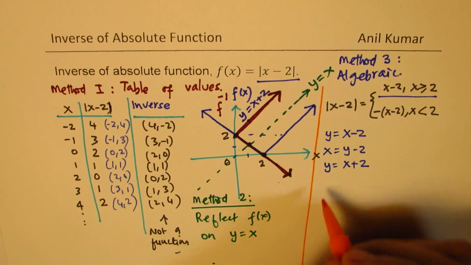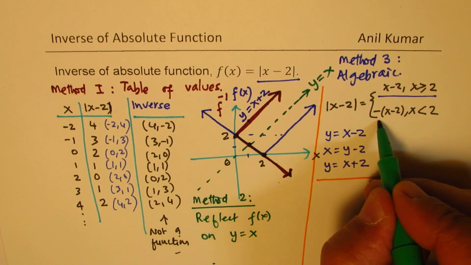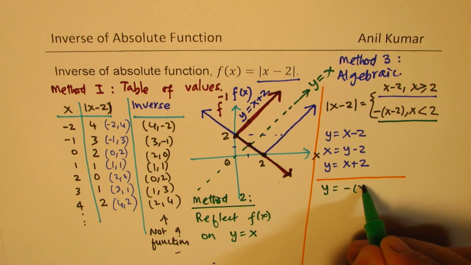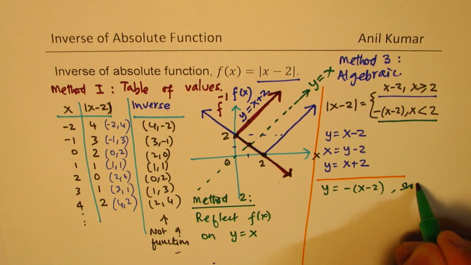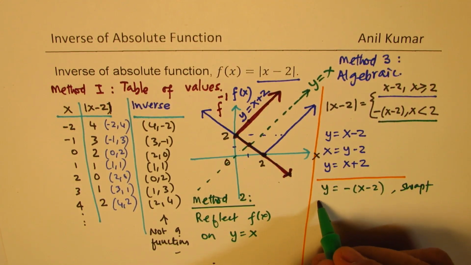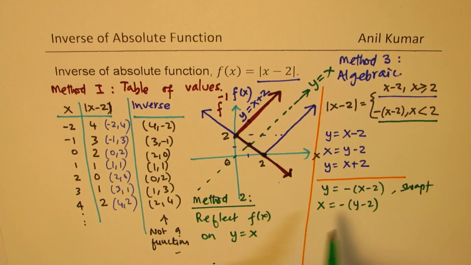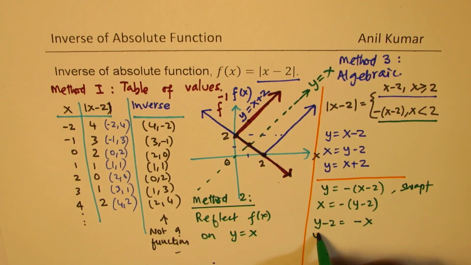Now, let's look into the second part. This is the first part, right? The second part here is minus of x minus 2, so we have y equals minus of x minus 2. First step is swap. So what we get here is x equals minus of y minus 2. Bringing y minus 2 to this side, what we get is y minus 2 equals minus x, or y equals minus x plus 2.